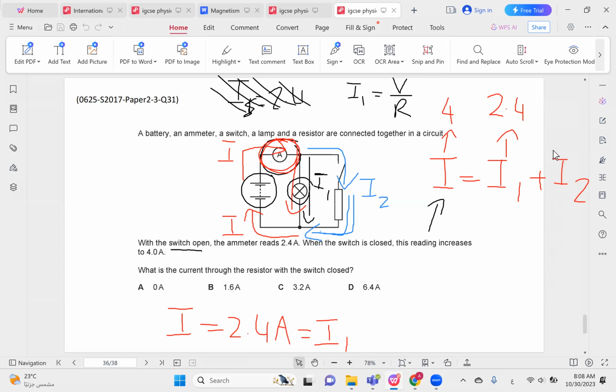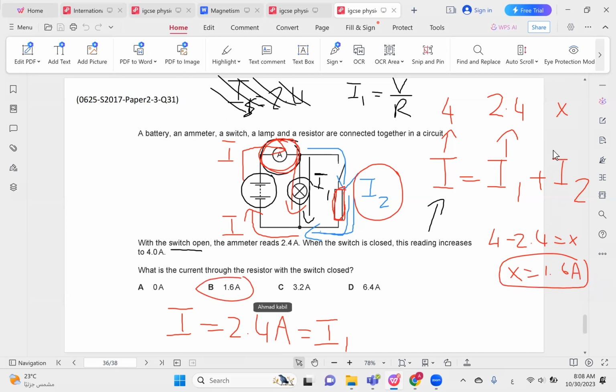What is the current through the resistor? So the current through the resistor is the blue current, I2, because this here is the resistor. So in this question, we're looking for I2. What is the value of I2? So this is a simple mathematical equation. 4 minus 2.4 equals x. X equals 1.6 amperes.